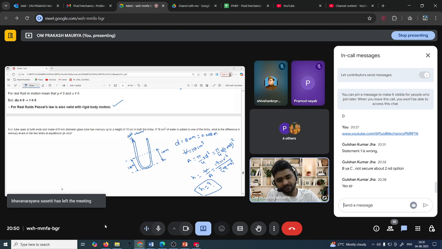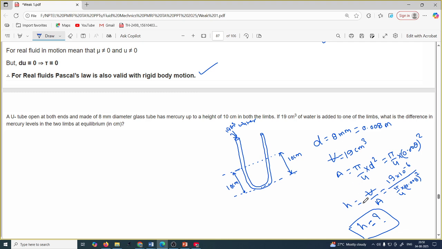Okay, let me just discuss the concept, then I'll show you the answer. How we will approach. So first you will find this H. So once you put the water, what will happen? Initially it was your 10 centimeter height. Once you put the water, your mercury level will go down here. Initially the height was up to this.